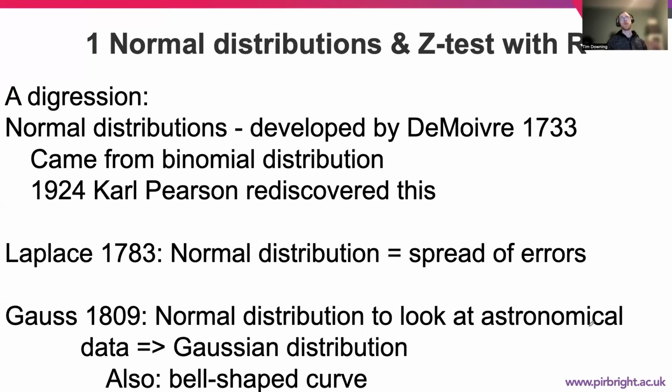And then the Gaussian distribution we're familiar with also looked at it from the shapes we have in astronomical data. And we're also familiar with the term bell-shaped curve. So normal distributions have been studied for quite some time, and therefore they predict a behavior that can be useful for describing the data that we encounter.